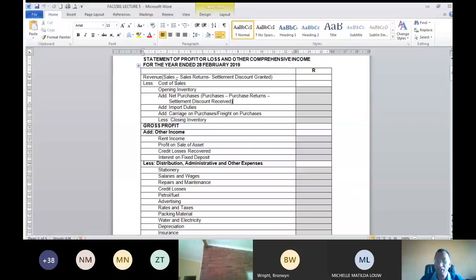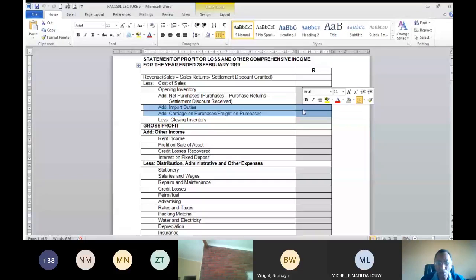Back to your cost of sales calculation now, guys. Cost of sales is equal to the opening inventory plus your purchases amount plus your import duties or carriage on purchases or freight on purchases. Now those items there, guys, we are referring to all the costs that the business will incur in getting the stock to the premises.